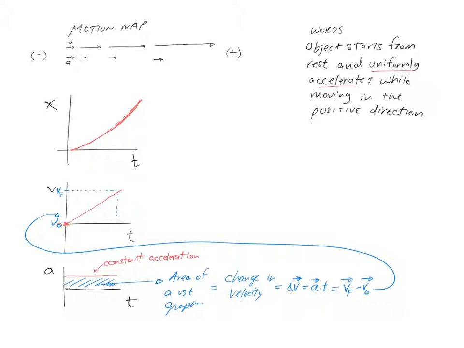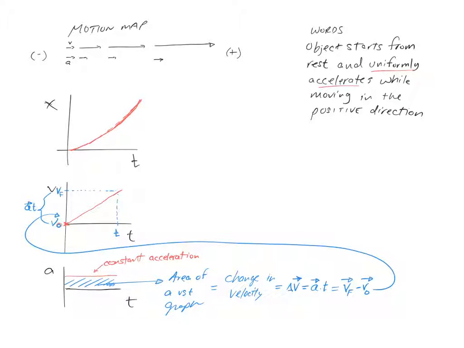This amount from there to there is going to be at, since that's v final minus v initial. And these are vector quantities, but on a graph you can only show positive and negative direction of a vector. So graphs are limited in that way. You'd have to have a series of graphs for every axis, one for the x-axis, one for the y-axis, one for the z-axis, to do this in three dimensions.